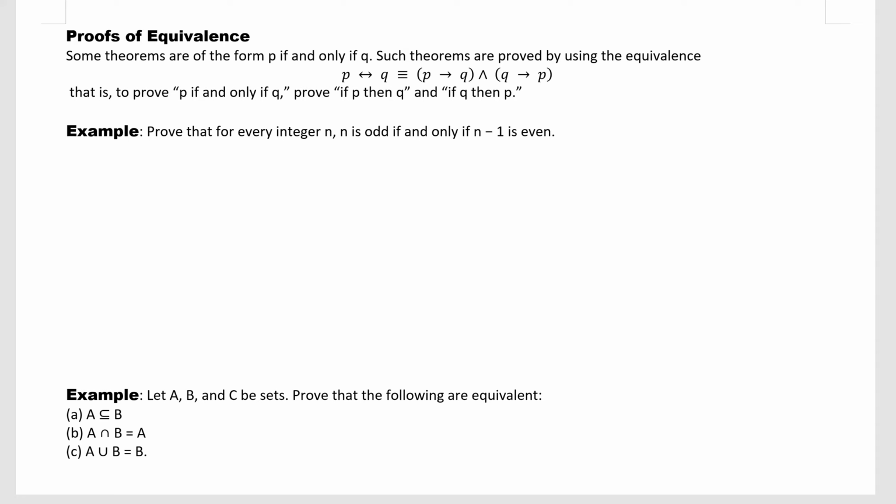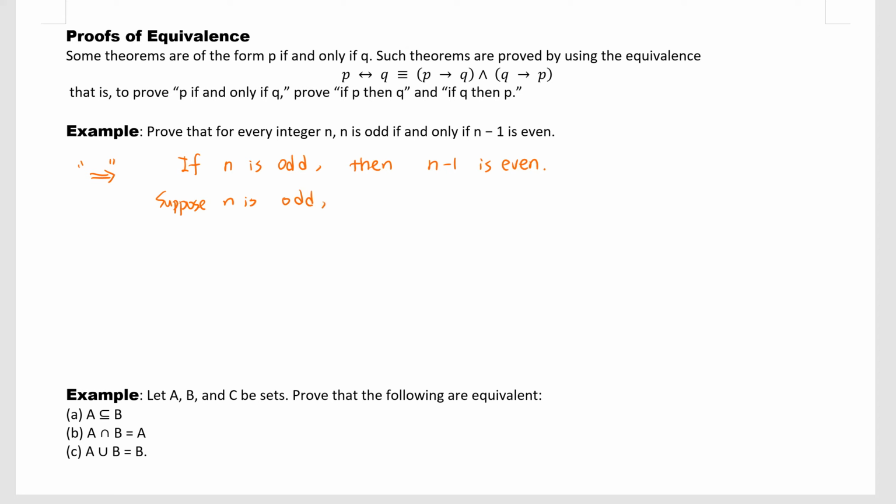The first one, we prove that for every integer n, n is odd if and only if n minus 1 is even. Okay, so we have two directions. Let's prove this direction. We want to show that if n is odd, then n minus 1 is even. So suppose n is odd.